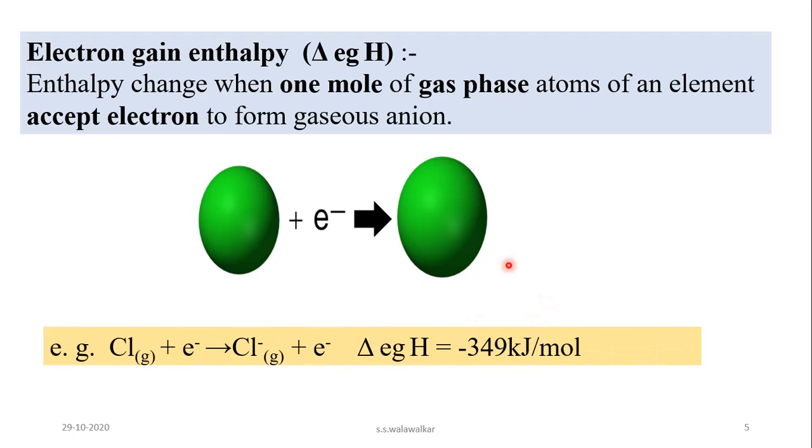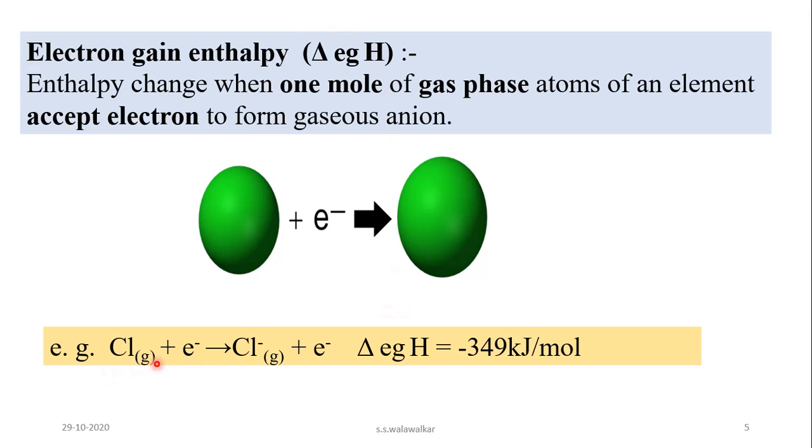Remember here the most important point, that is the sign. Electron gain enthalpy is the reverse of the enthalpy of ionization process, and the ionization process is endothermic, in which energy is required. But here the electron is gained, so energy is released.